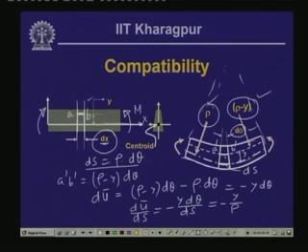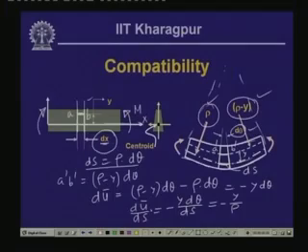Now, du bar is the stretching in the curved direction. If we take the horizontal component of that, the angle being very small, the cos of that angle will be almost equal to 1, and du bar we can call the axial stretching du, and likewise the distance ds which is along the arc length, the component of that in the horizontal direction is equal to the original length dx.